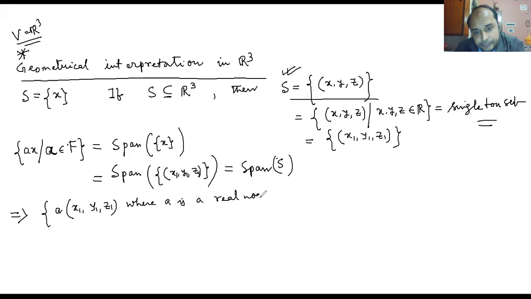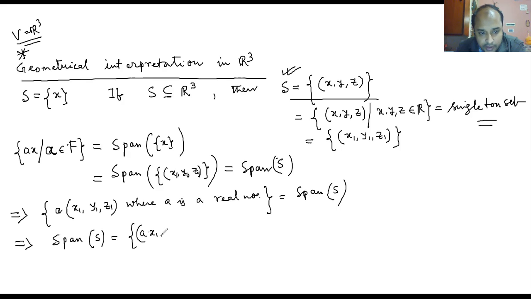And that is your span of S. And therefore span S is actually becoming AX1, AY1, AZ1.